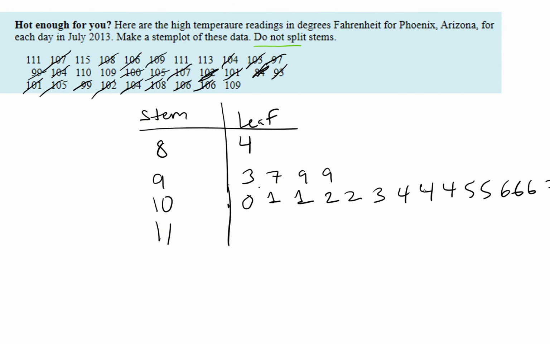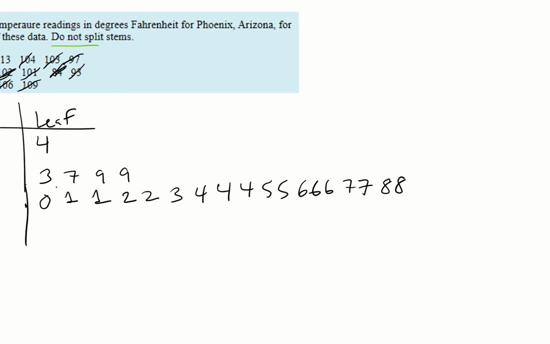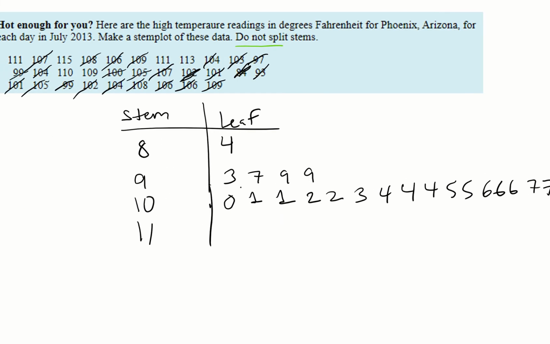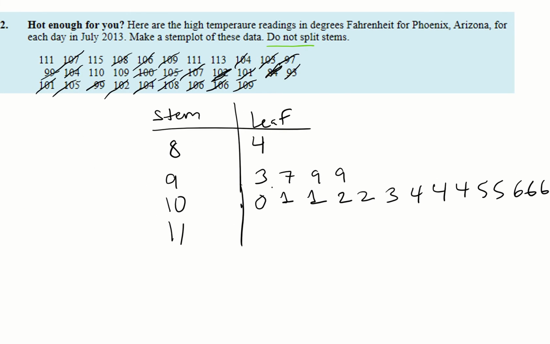We have 109, a couple of 109s. And now we're in the stem of 11. We have 110, 111, two of them, 113, and 115. So it looks like we have all the readings.